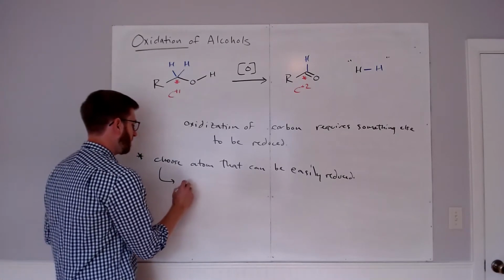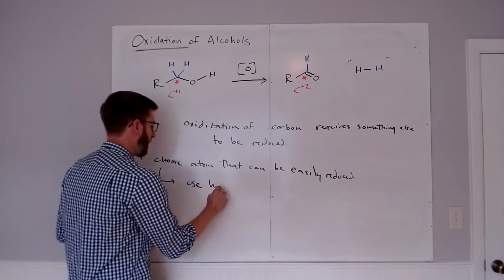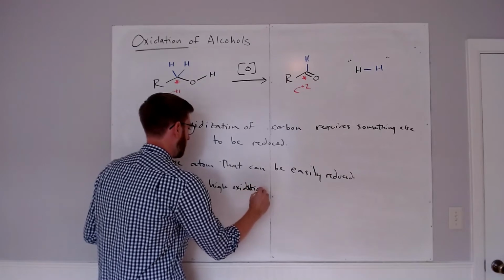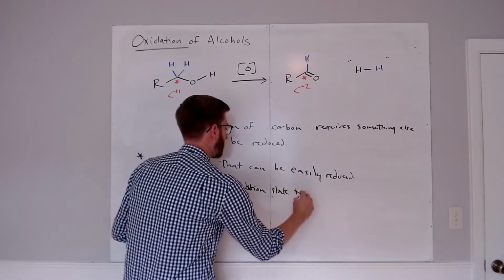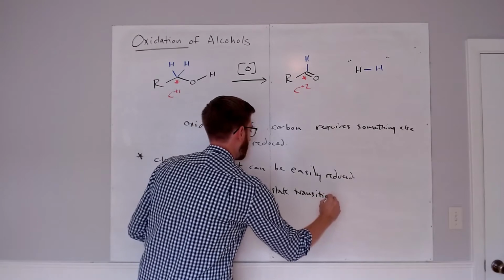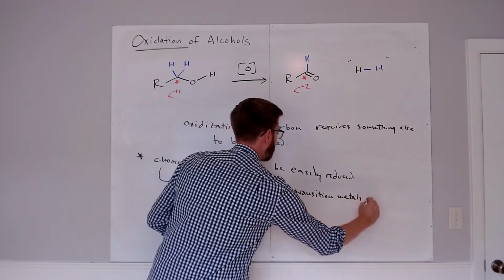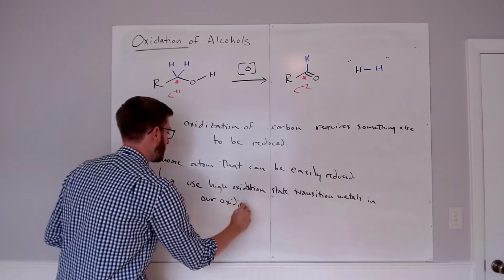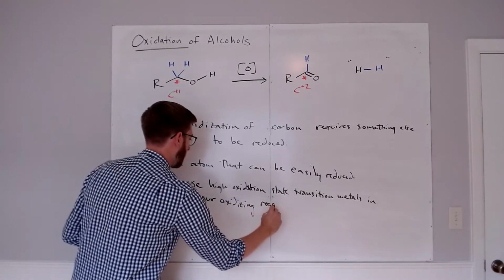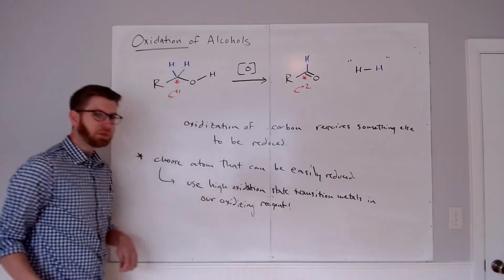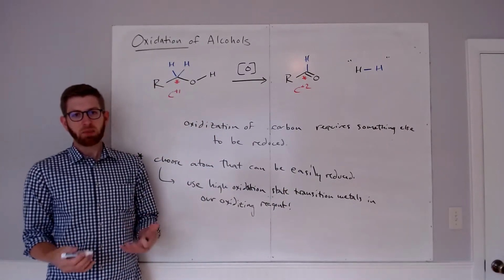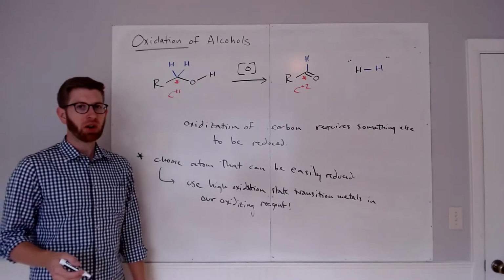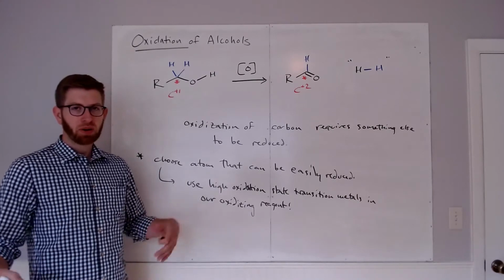So one option is to use high oxidation state transition metals in our oxidizing reagents. And the idea here is that an element like a metal, even though it's not that electronegative, if you make it sufficiently positively charged, it should be relatively facile to put electrons back into it.